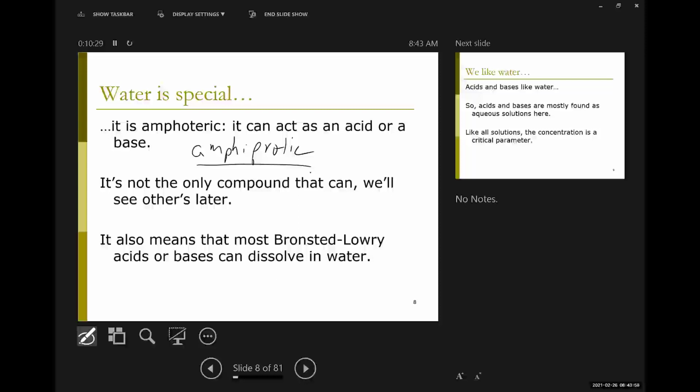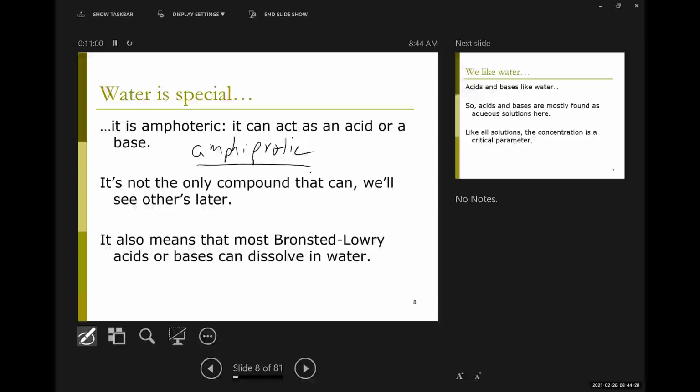The reason I bring this up is because what that means is as soon as I have an aqueous solution, because of course aqueous means water, I have an acid. And I also have a base because water is both. And so in some sense, the whole point in discussing these acid-base reactions is not because of the acids and bases like HCl and NH3, which I just had.